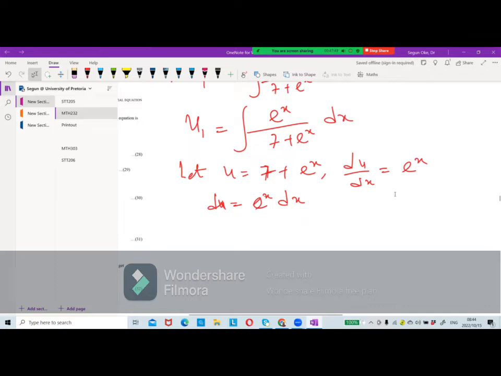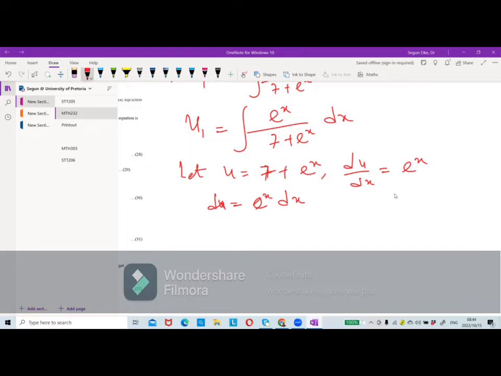So how do I solve it? So what is the answer? Since we have the u, and if we replace it with exponential x dx, let me try and write it down first. Do we need the u or the x we need to find? Is this what we're looking for?